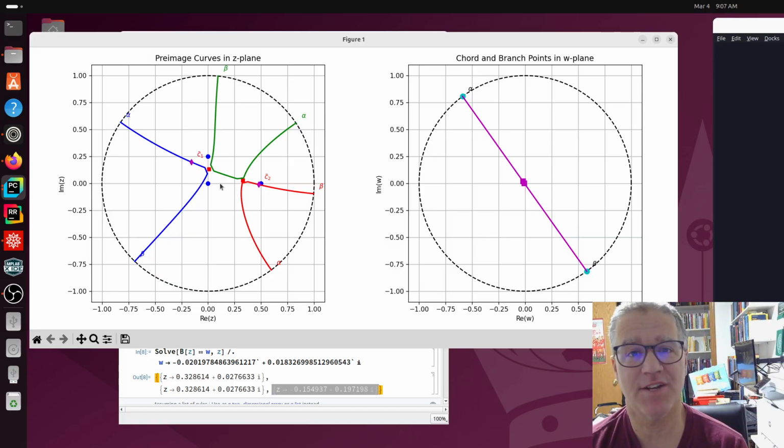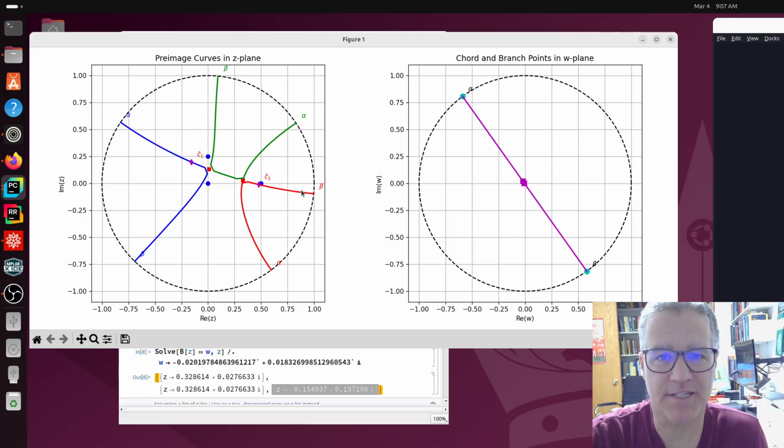Now it's going to get big in a hurry because it's following the permutation group, which basically explodes like a factorial. So it's going to be difficult to get high order Blaschke products by hand.